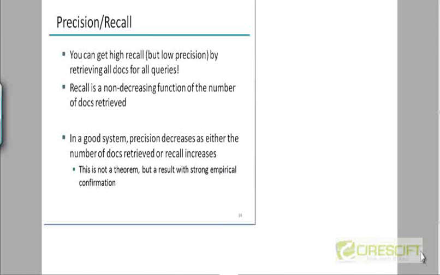So intuitively you can see that this is what you expect, even though theoretically you can't prove it. So recall is non-decreasing, precision is decreasing as you consider larger and larger number of documents starting from the top of your list.